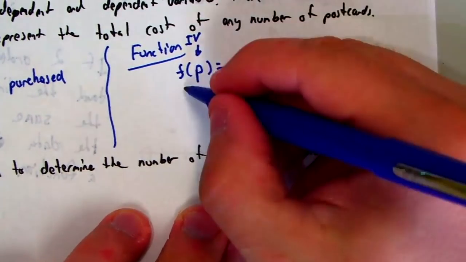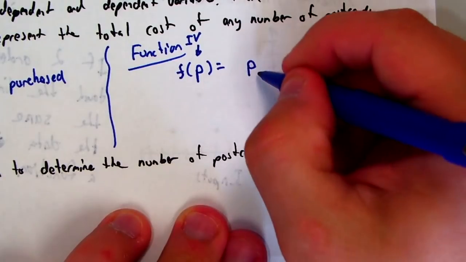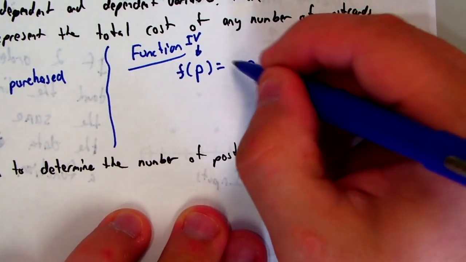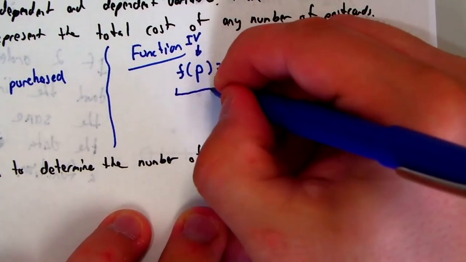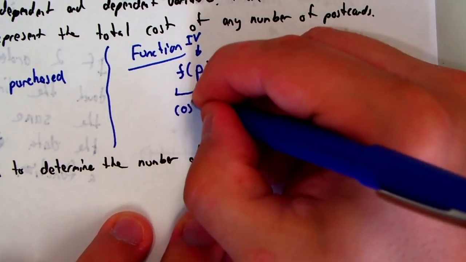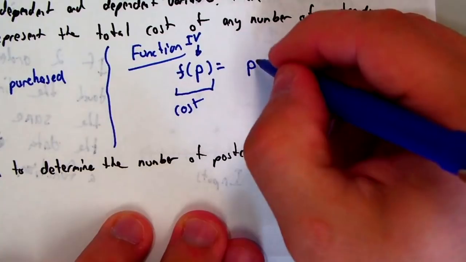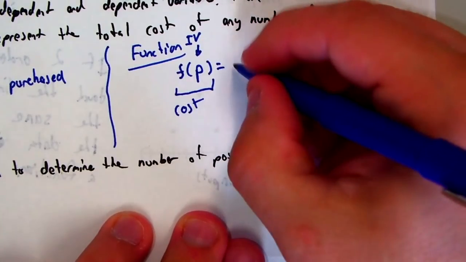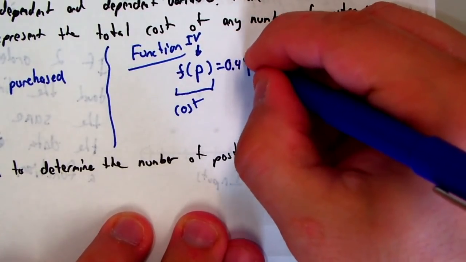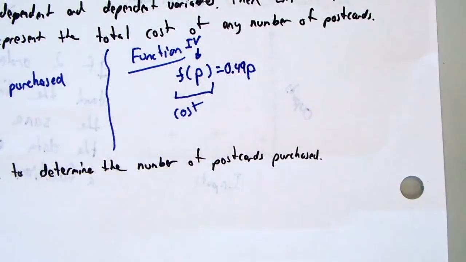Now this depends on how many postcards are purchased. This whole thing will represent the cost. So this cost would depend on how many postcards there were and the cost of each postcard. So our function would be 0.49 times p.